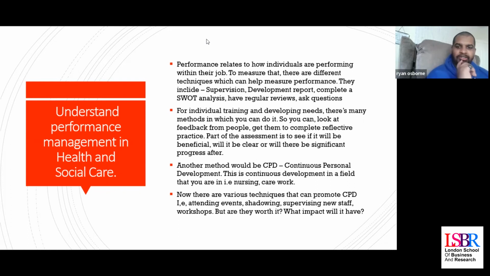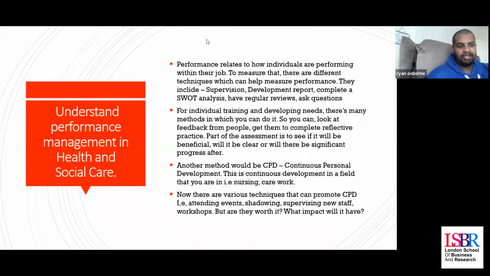You may also get the chance to do some shadowing as well. Shadowing is basically what happens when you want to apply for the next job. So you're a care worker, you want to become a senior care worker, or you want to be a care supervisor, let's say.